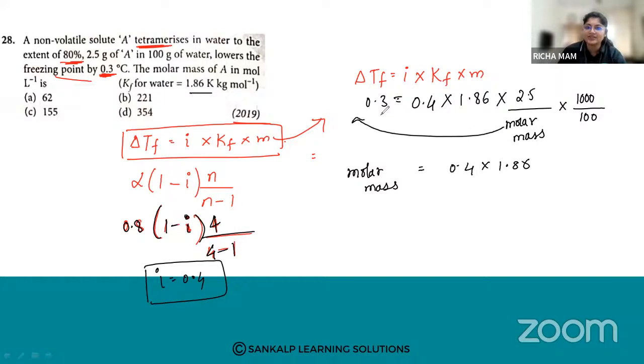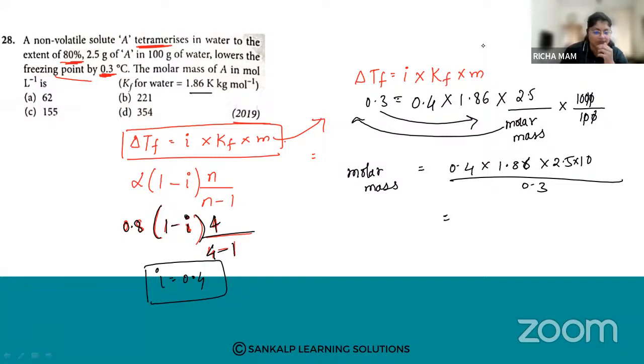So if I transfer this here, this will go down. The zeros cancel. Just see what is the molar mass you're going to get. Yes, what is the molar mass you're getting?